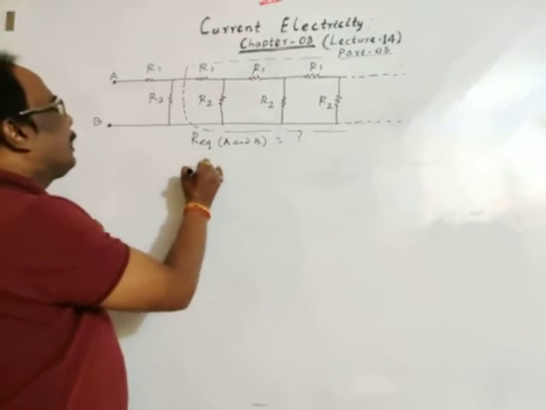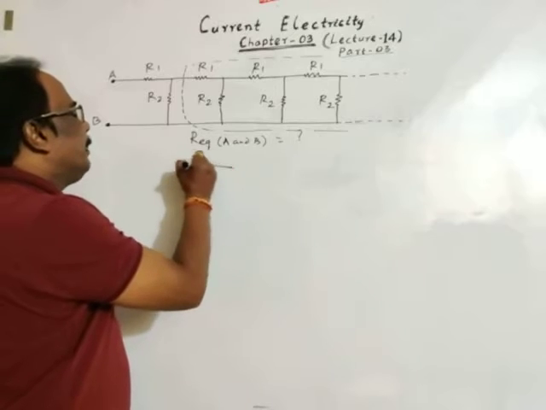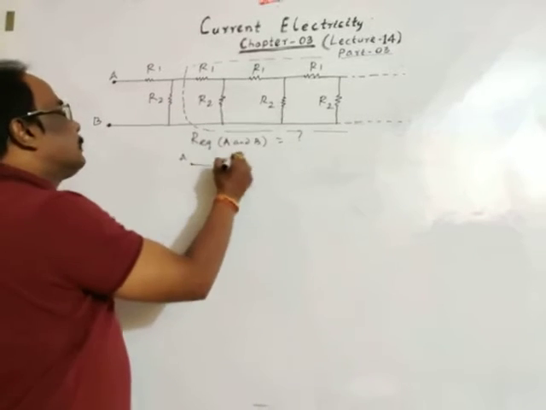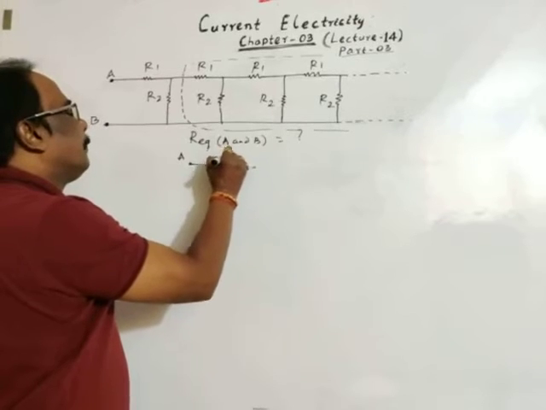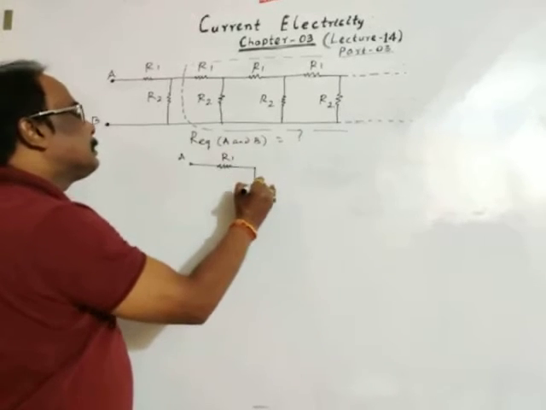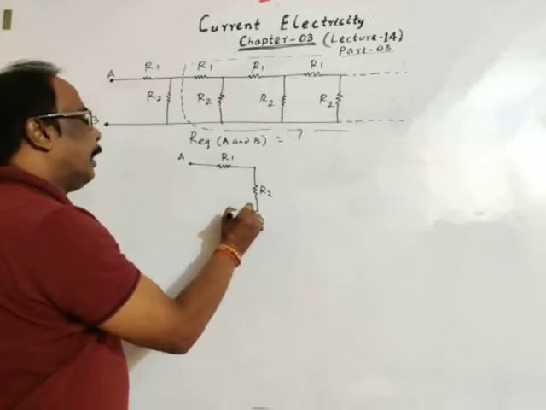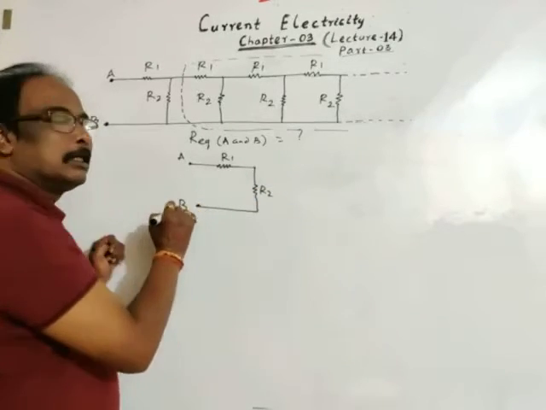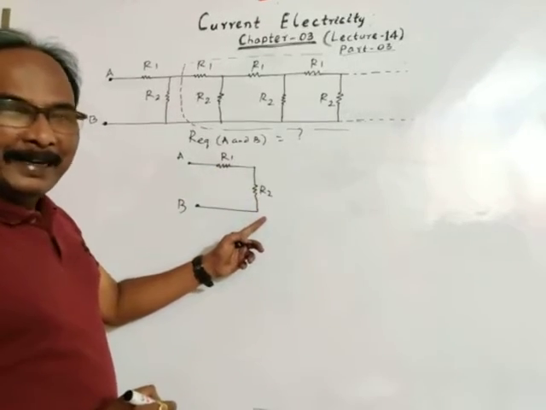Now how can we represent this? Again we will start from A. This is the resistance R1. This is the resistance R2. And finally, this is terminal B. The first set is completed.